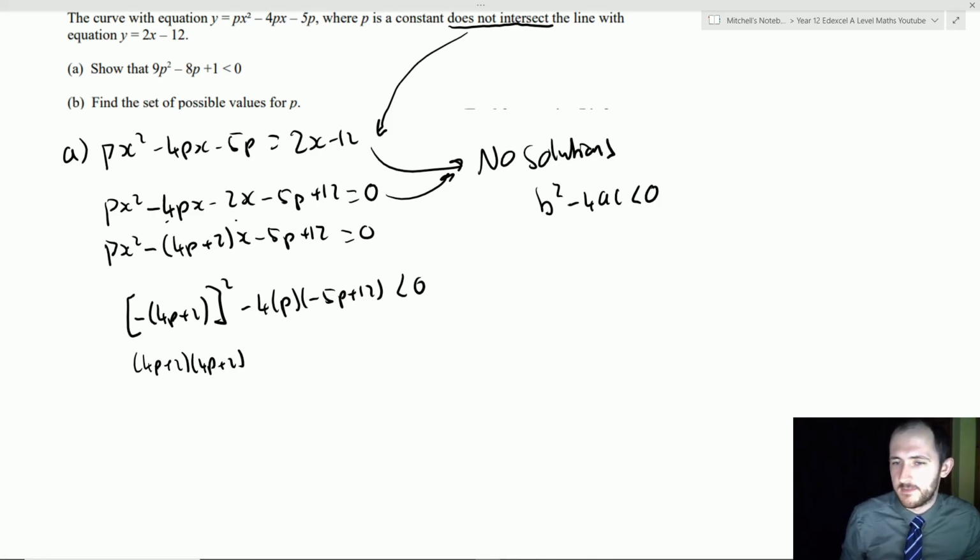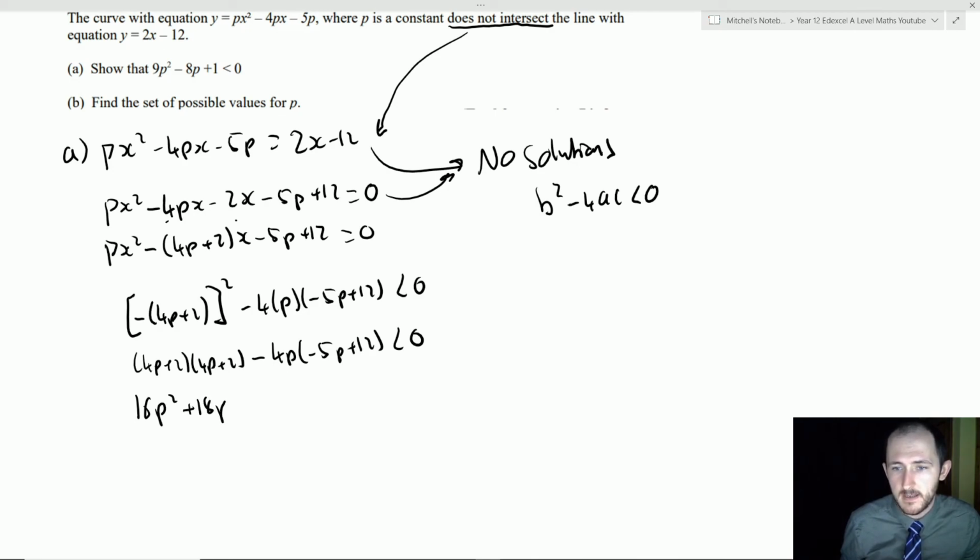Minus 4p minus 5p plus 12. 4p times 4p is going to give me 16p squared. Plus 8p gives me plus 16p plus 4. Minus 4 times minus 5 is plus 20p squared. Minus 4p times 12 is going to give me minus 48p.